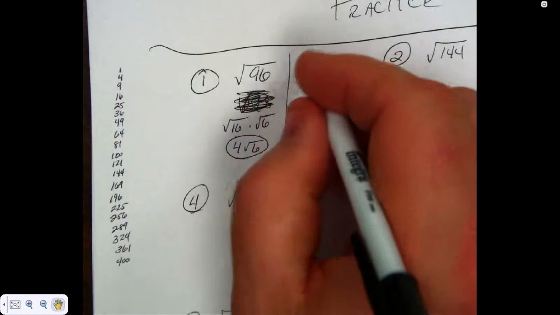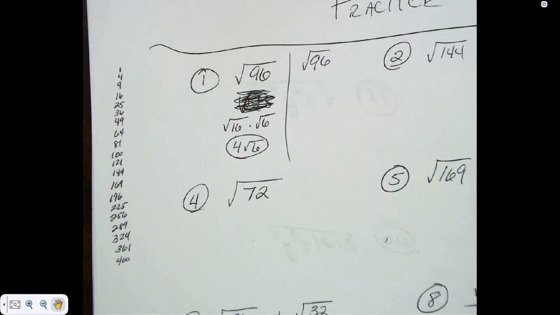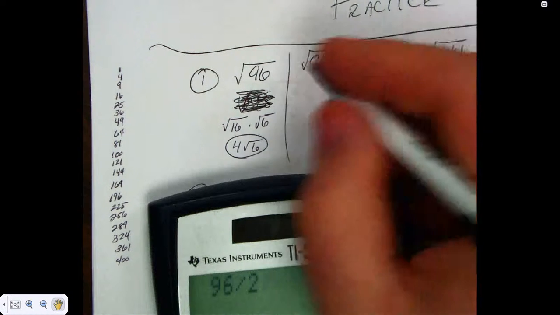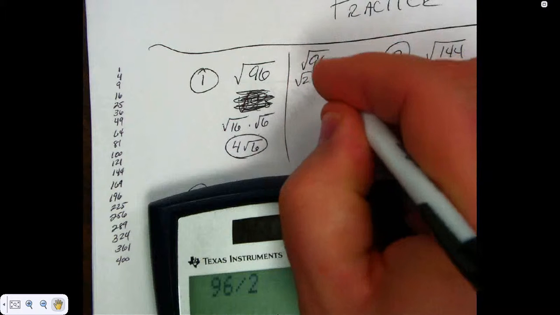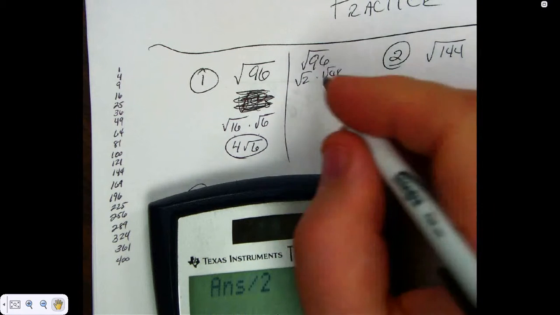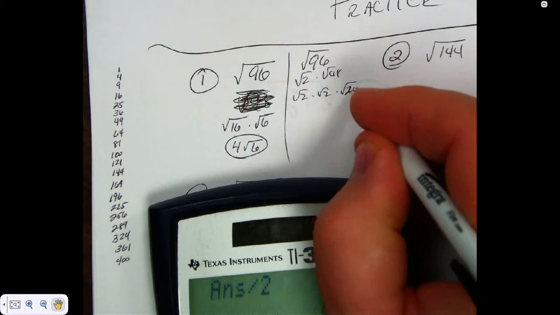Now, the only other thing I would accept on a test, and you can do this for some of the bigger ones, is breaking it into primes. 96 divided by 2, that's a prime number. So square root of 2 times square root of 48. Then divided by 2 again, so that's an even number. Square root of 2 times square root of 2 times square root of, what, 24?